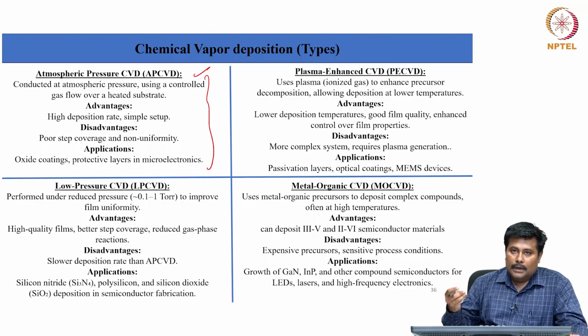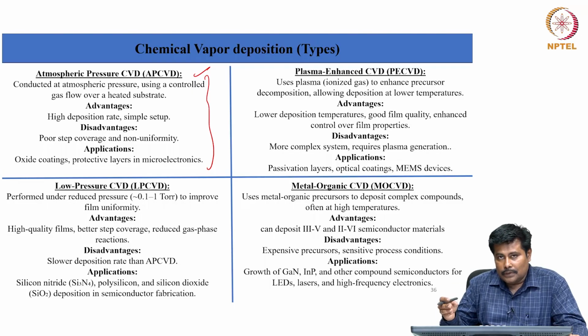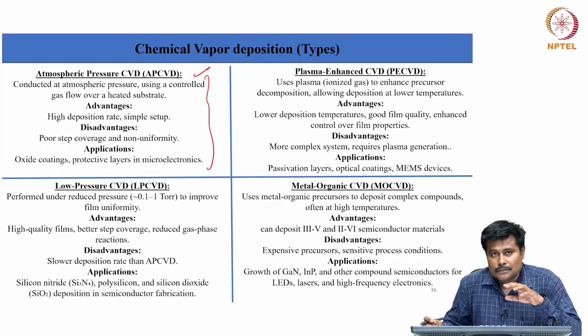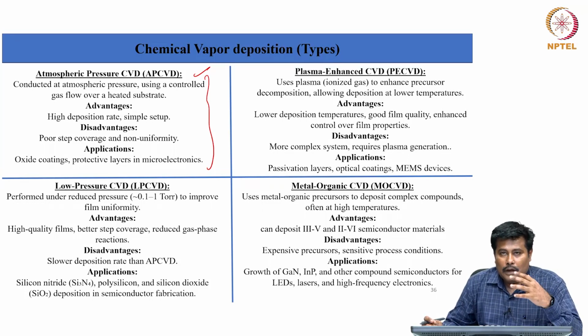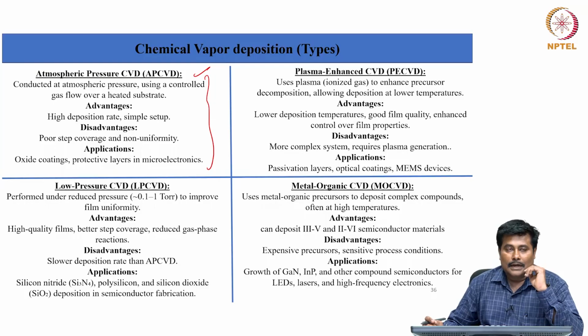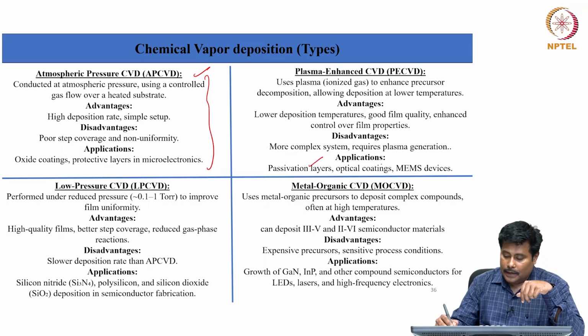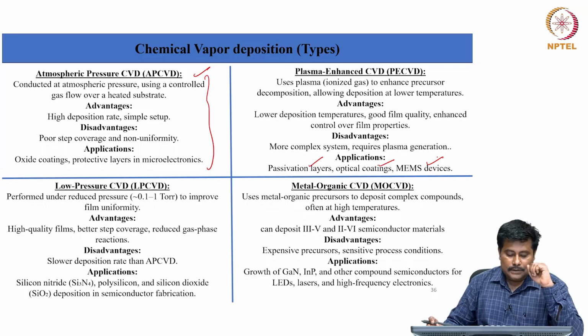However, the major disadvantages observed in this system are that it is more complex, and it requires a high amount of plasma to be generated. From an application point of view, it can be used as a passivation layer, as an optical coating, and it is mainly meant for MEMS based devices.